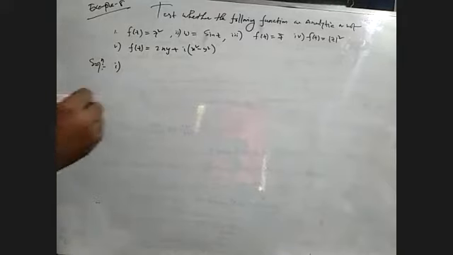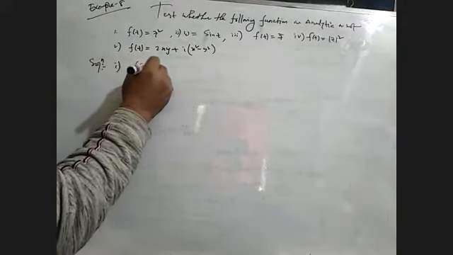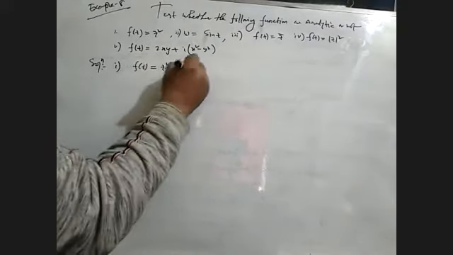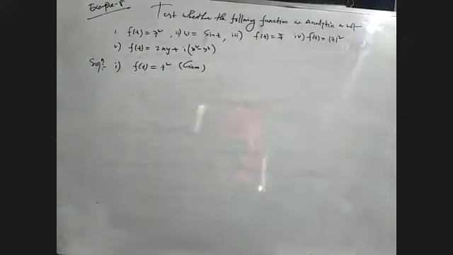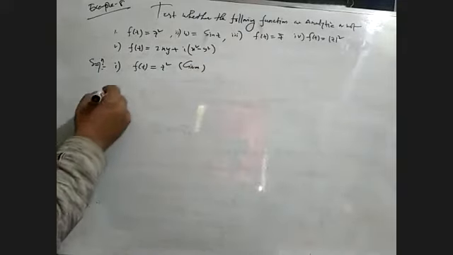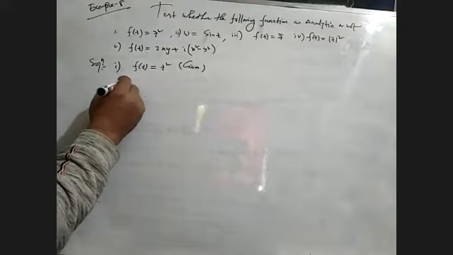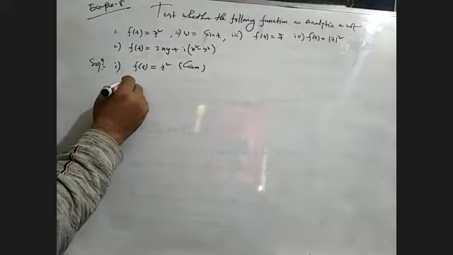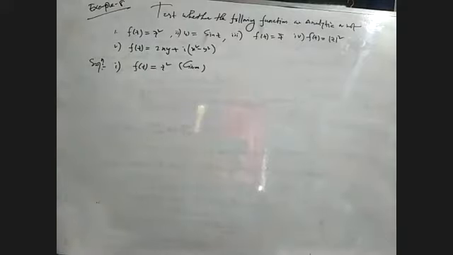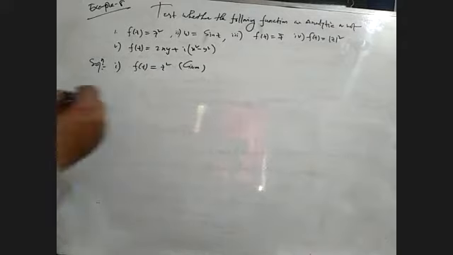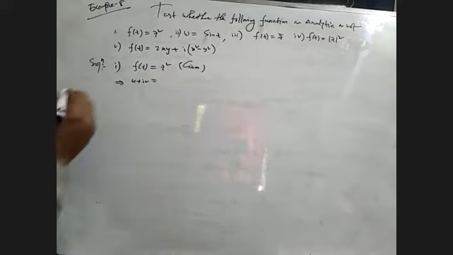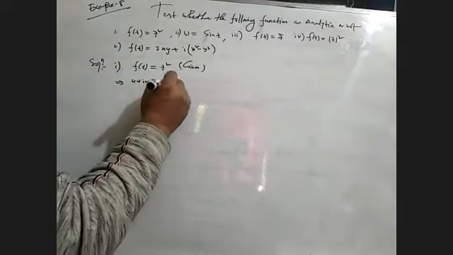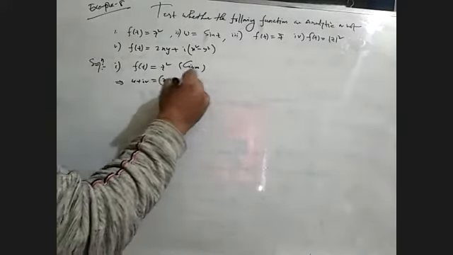First solution, first one, f of z equals what? z square. This is given, a complex function of a complex variable. So partial derivatives, what will be? You must know this can be written as u plus iv equals z square, that is x plus iy whole square.